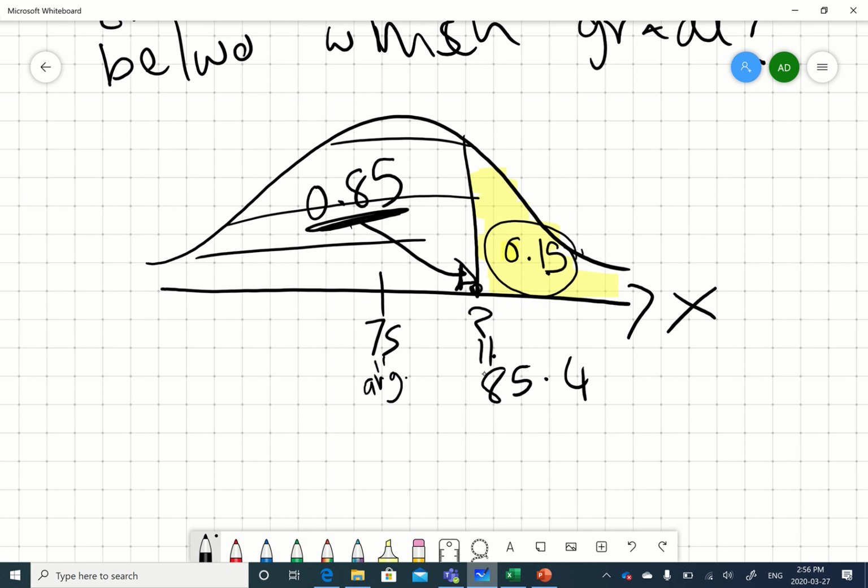So if 15% area to the right is given, you do 1 minus 15%, which is the area to the left, assuming the total area under the curve is 1. Those are the two sides of the calculations that we have done in chapter 6 and how to use Megastat.